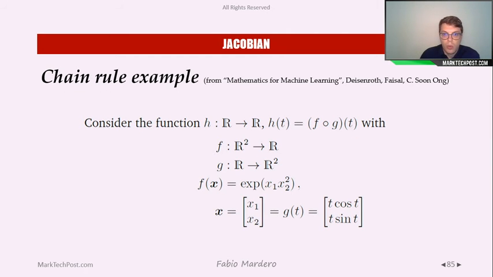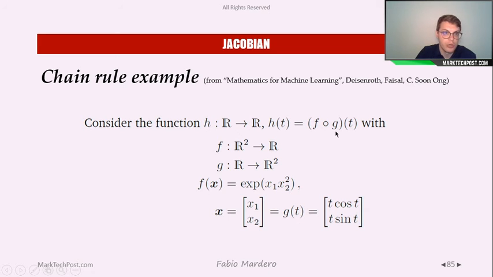Now I want to take a deeper look at the chain rule, because it's a very important tool in machine learning. To do this, I will refer to the example taken from Mathematics for Machine Learning by these three authors. Let's consider a function h, which is a composition of two functions, f and g.